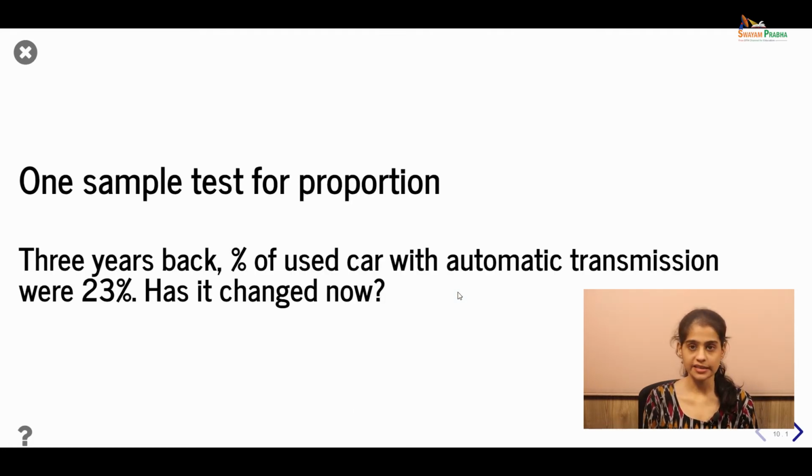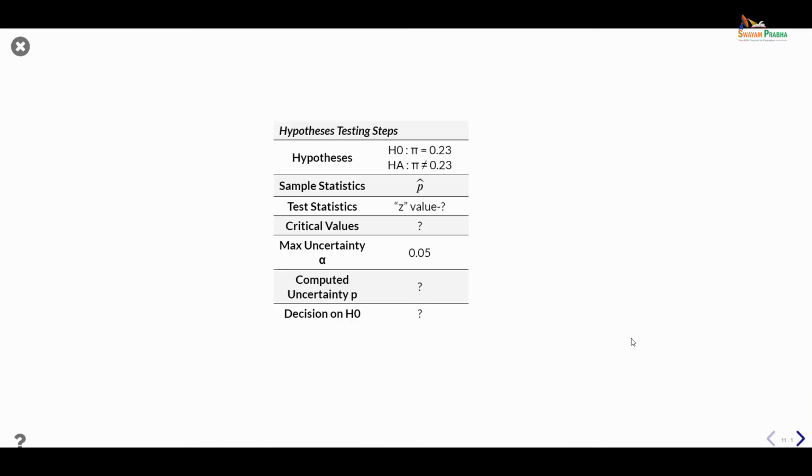So, let's check our next hypothesis, which is one sample test for proportion. Three years back, the percentage of used cars with automatic transmission was 23%. My question now is, has it changed? This is our hypothesis and this is what we are going to check. I have the hypothesis testing steps listed here. We have the hypothesis as proportion equal to 0.23 or not equal to 0.23.